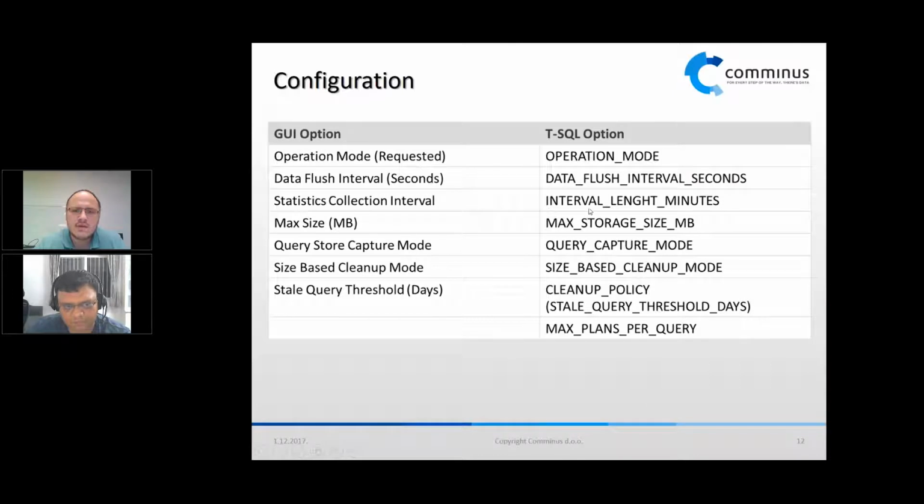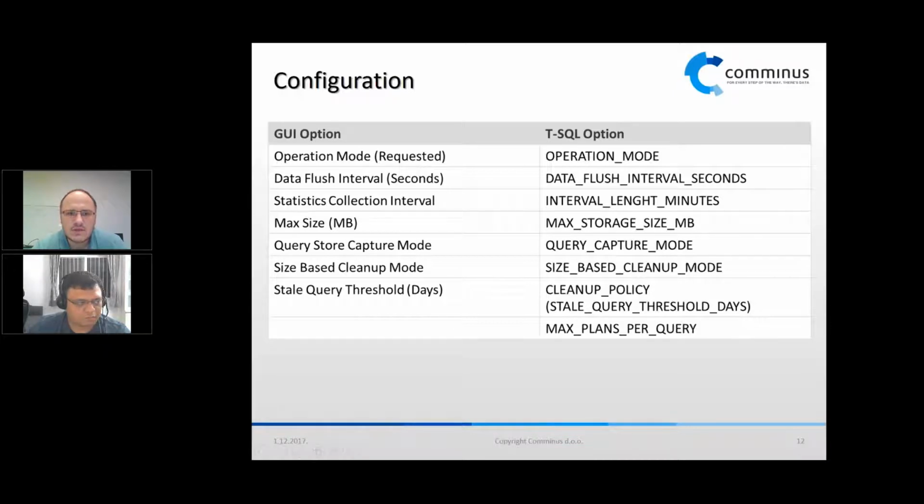Data flush interval in seconds we already explained. And there is interval length in minutes, which defines the aggregation interval in the query store, which is used to aggregate the data in the query store. Max storage size in megabytes is a very important configuration option because you have to know that query store is stored in the primary file group.